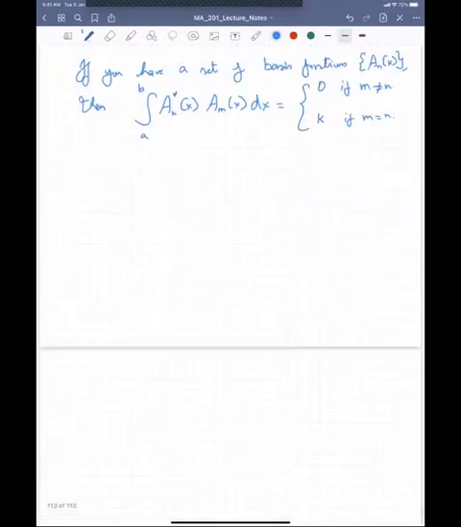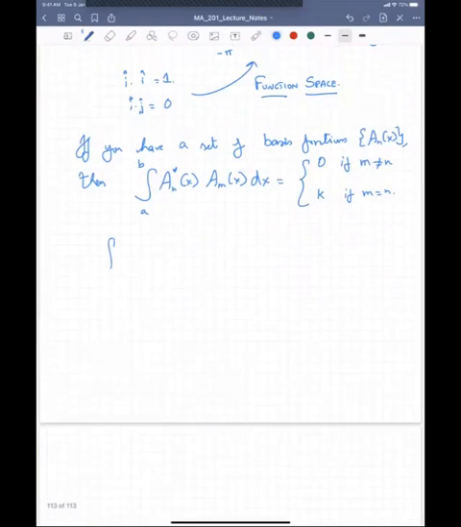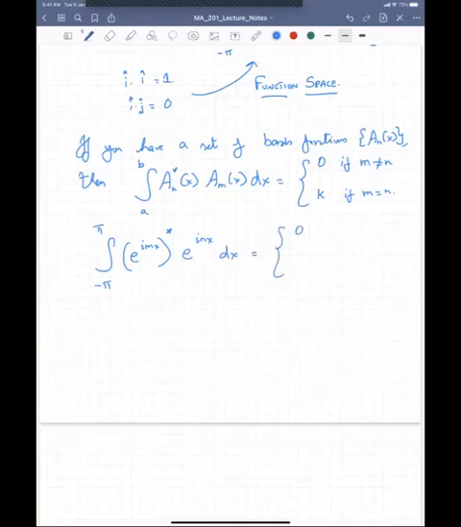Another example of basis functions is e to the ix. So you also have, from minus pi to pi, the integral of e to the imx star times e to the inx dx, star because these are complex functions in general. If the a_n's are real, of course, I can drop this complex conjugate, just like I do for cosines and sines. And this is also equal to 0 if m is not equal to n, and 2 pi if m equals n.